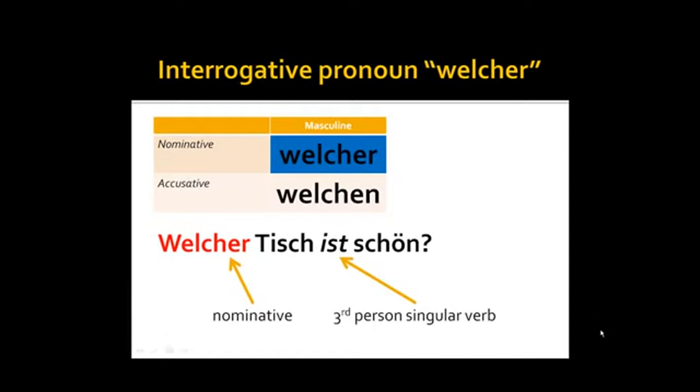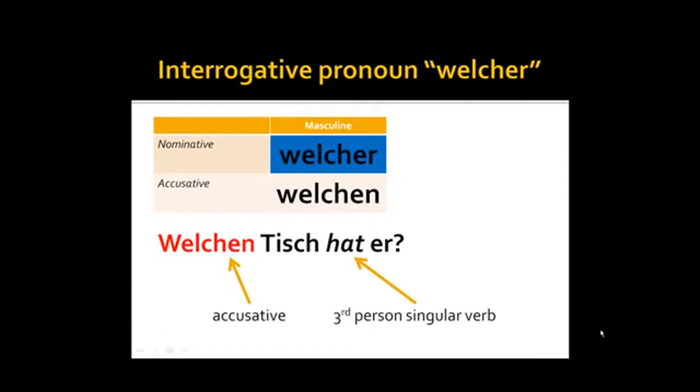What table is beautiful? Now, if I introduce another noun, if I introduce a subject into the sentence that performs an action, that will move the interrogative pronoun welcher into the accusative.